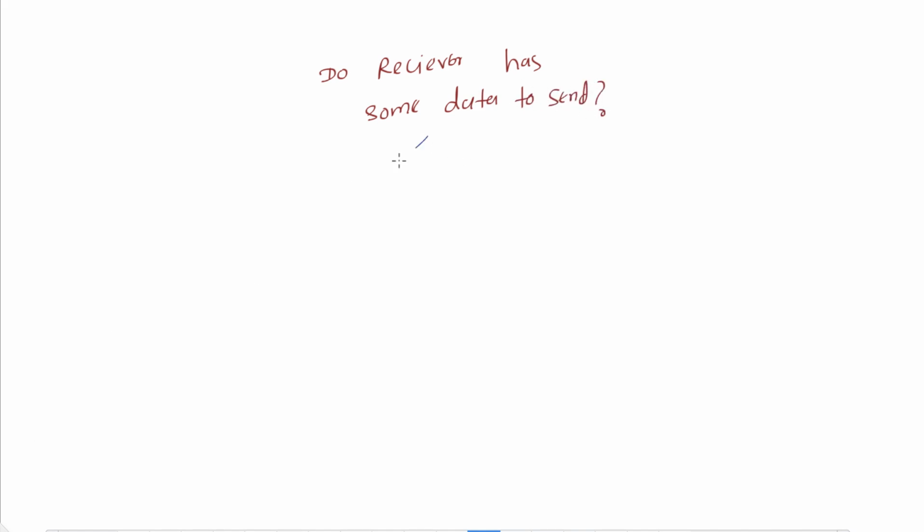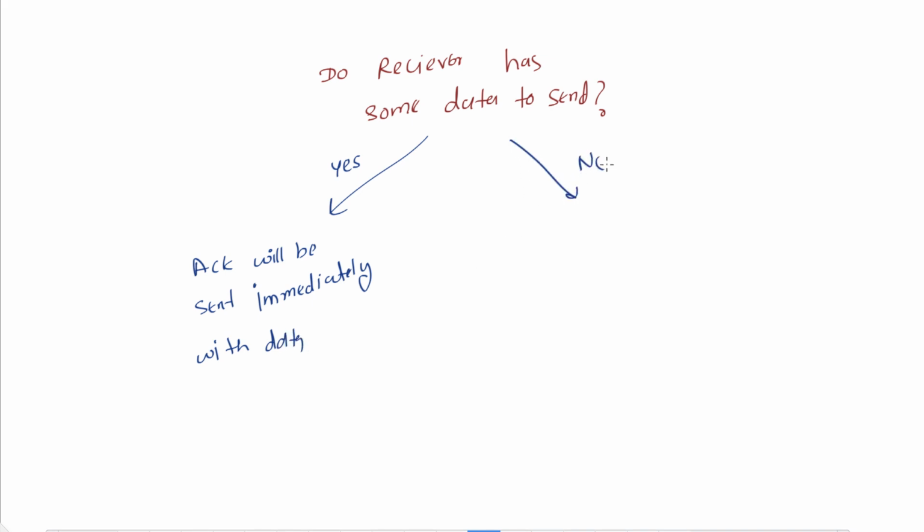If yes, if the receiver has some data to send, then the ACK will be sent immediately with data. If no, which means the receiver does not have any data to send, then what do you think?